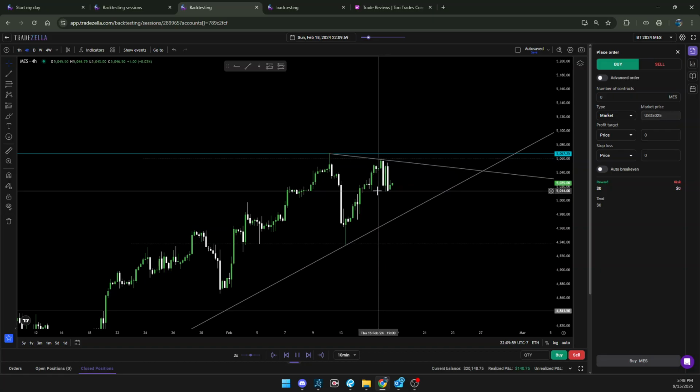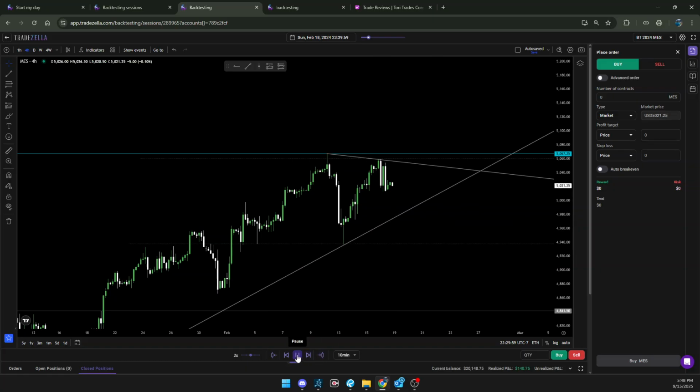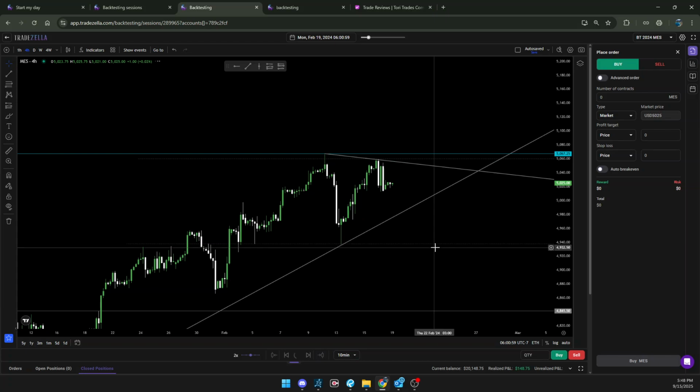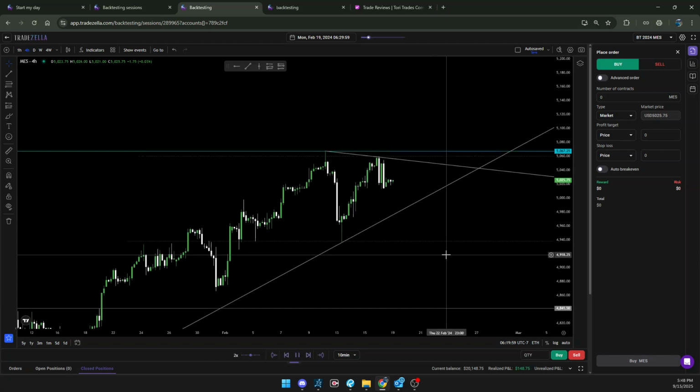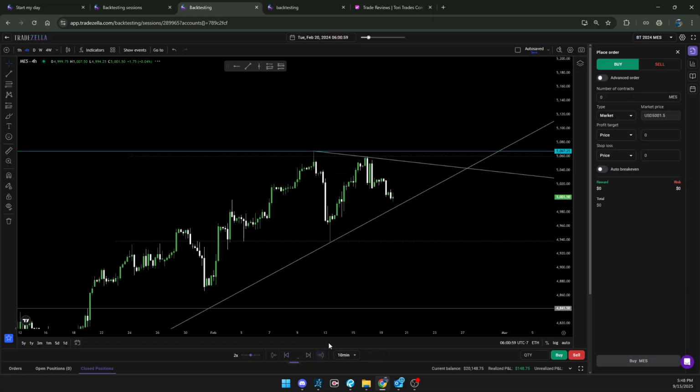It didn't quite clear the tail of that wick though. Jump to the morning. I'm going to jump to the next day. Nothing's happening.